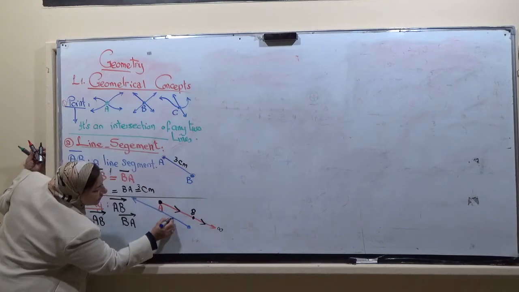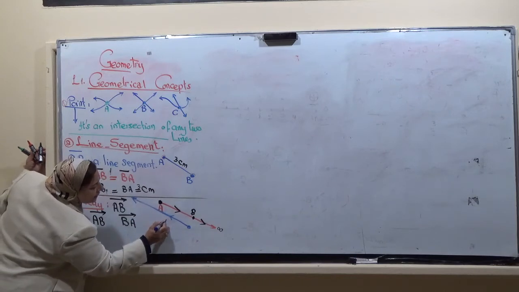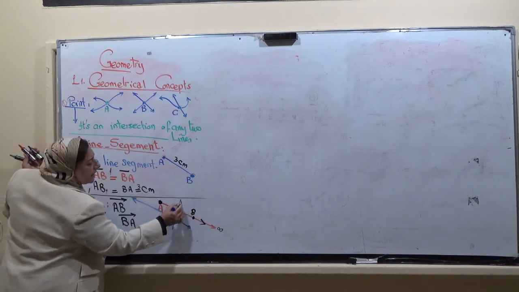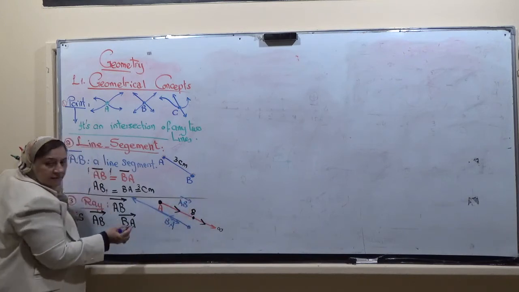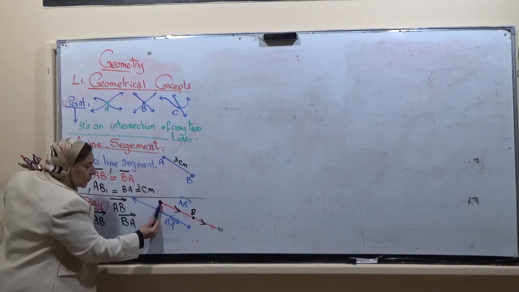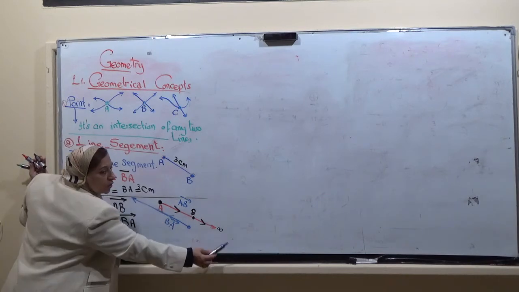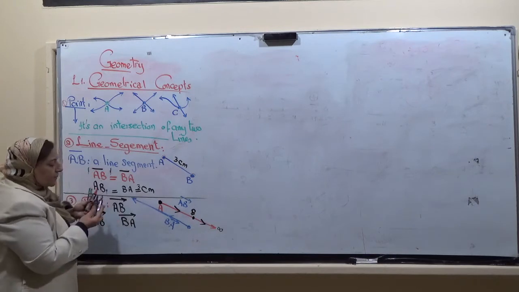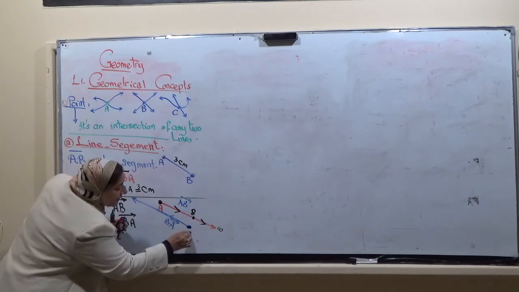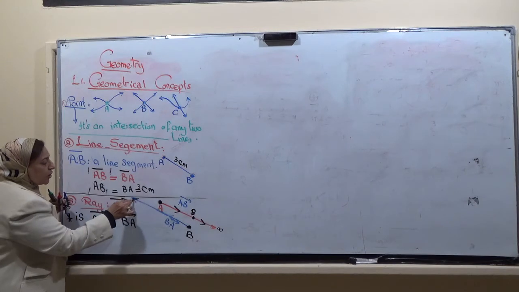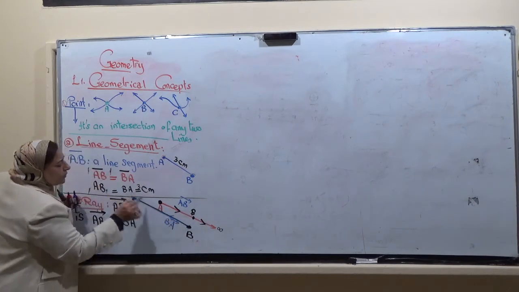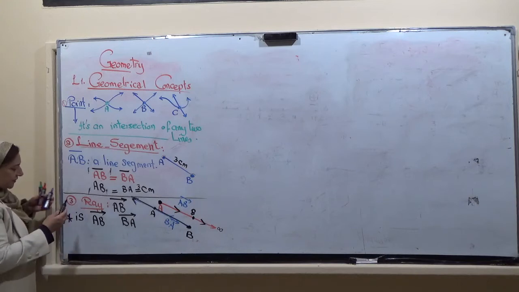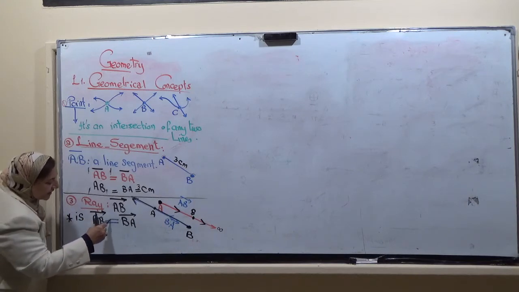So this ray is called BA ray, but that one is AB ray. When you go from school to home, it's different from going from home to school. So this point B is the starting point with no end point. I go through A like this. So of course they are not equal.